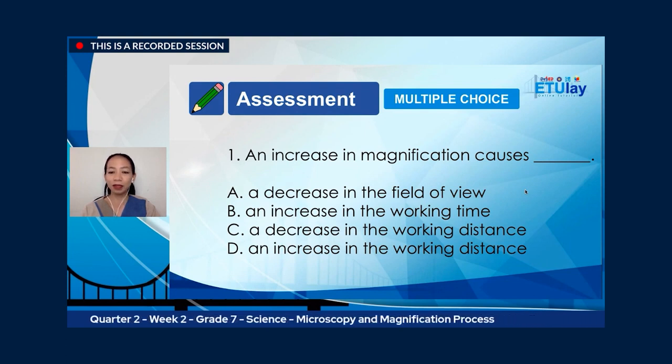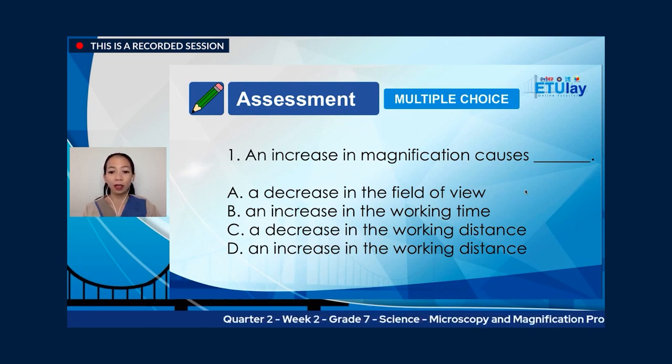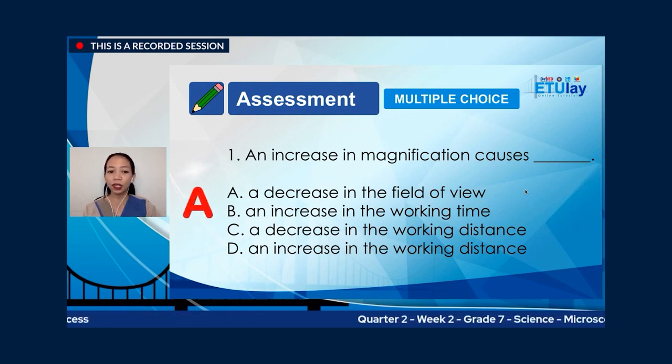An increase in magnification causes A, a decrease in the field of view, B, an increase in the working time, C, a decrease in the working distance, or D, an increase in a working distance. Correct answer, letter A. The more you increase the magnification, you are decreasing your field of view.